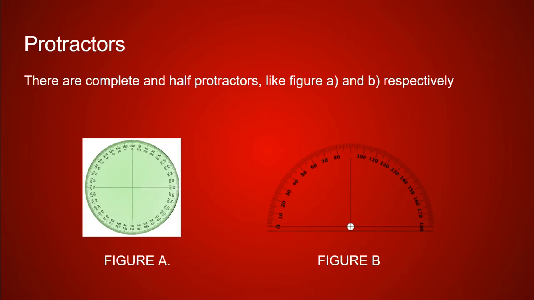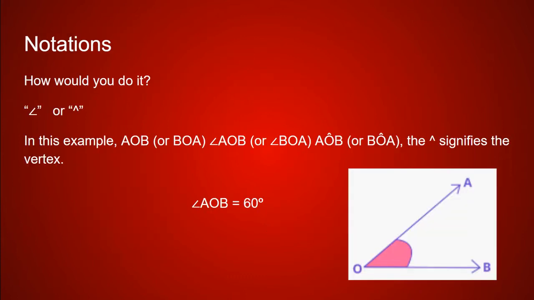You forgot one thing. You didn't say about 60 degrees. Okay, so this angle, we write it like this. We use the angle symbol, since I don't really like using the cap. So angle symbol AOB equals 60 degrees.